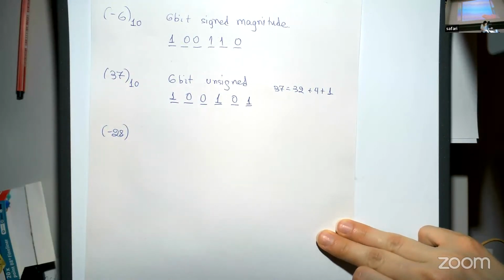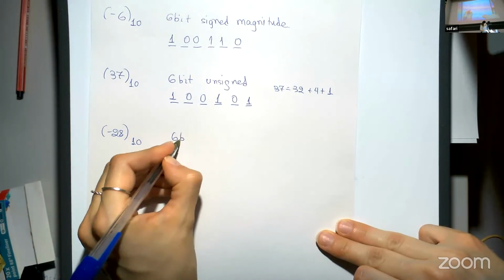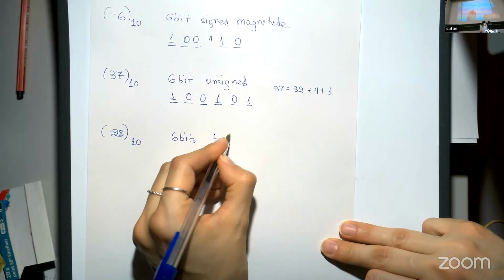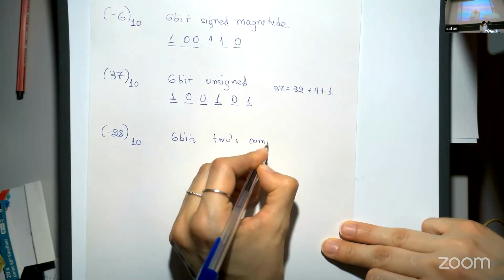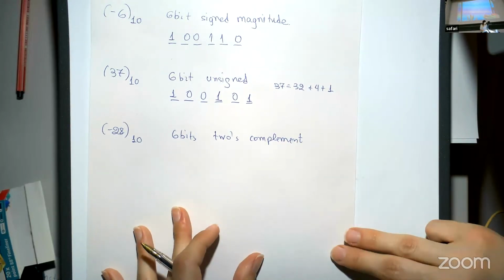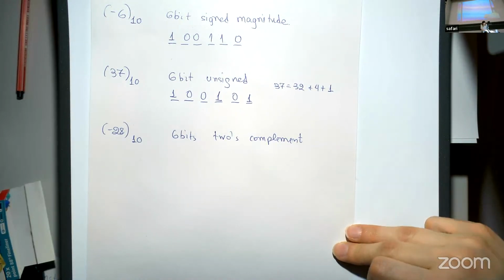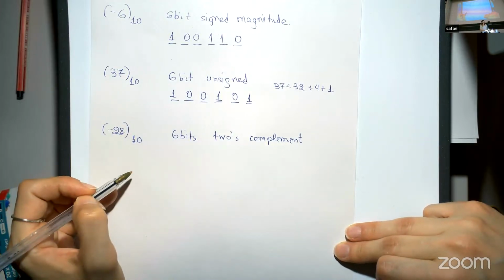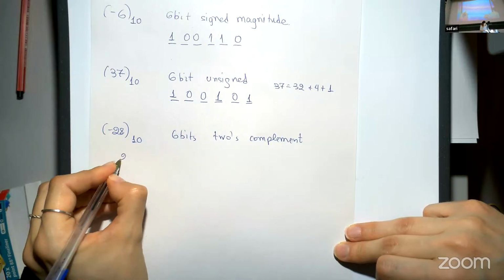Minus 28 in decimal, and we want to represent it again using 6 bits. But this time we're going to use 2's complement. Since we're using 2's complement, first we're going to utilize the absolute value of this number. We have 28.